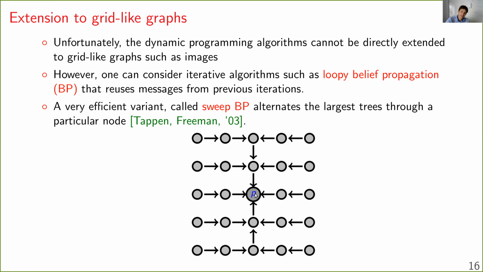And it turns out that if you start to alternate these trees horizontally and vertically, so these two different choices of trees you can generate, and you start to reuse messages that usually exist here, but which are not drawn here, because otherwise it would not be a tree, then you obtain a very efficient variant of loopy belief propagation, the so-called sweep belief propagation algorithm.